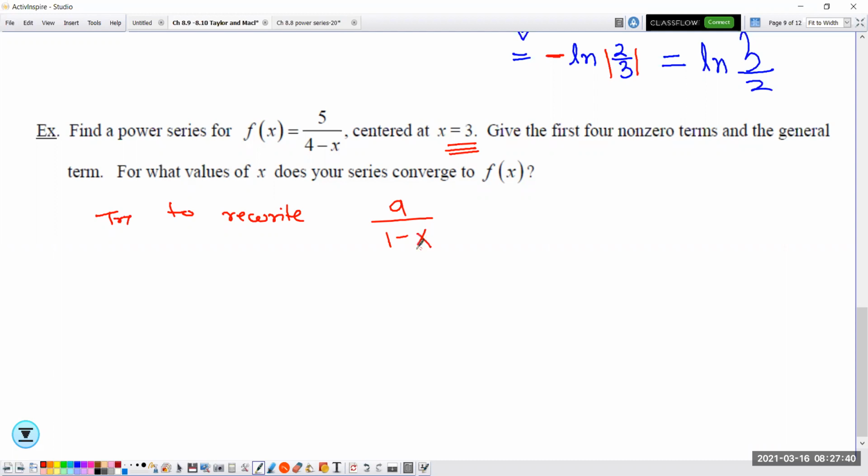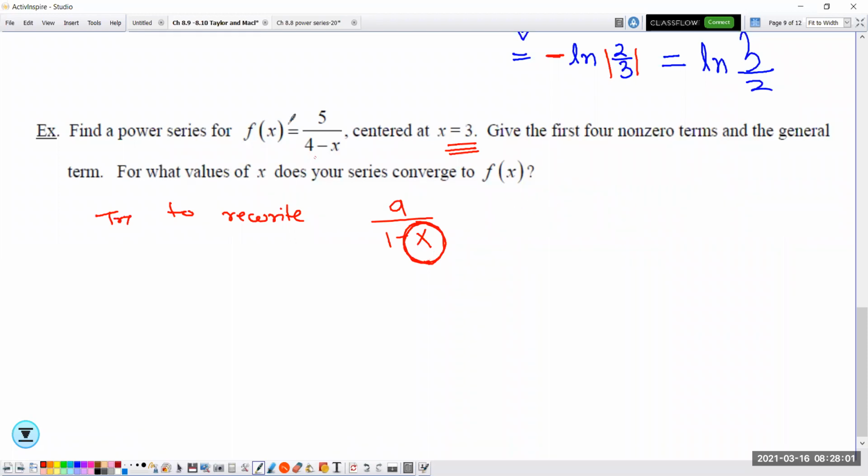How do you make this piece 3 units to the right? What's the transformation? 3 units to the right: x minus 3.